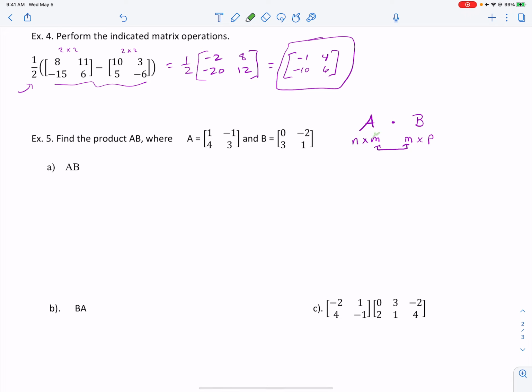These two must match. That is, the number of columns of the first must match the number of rows of the second. And then the size of the resulting matrix is an n by p matrix.